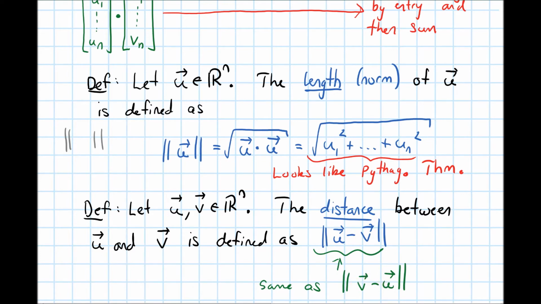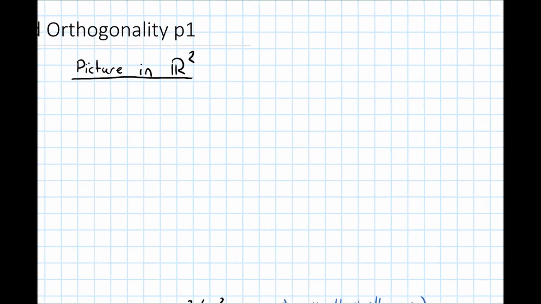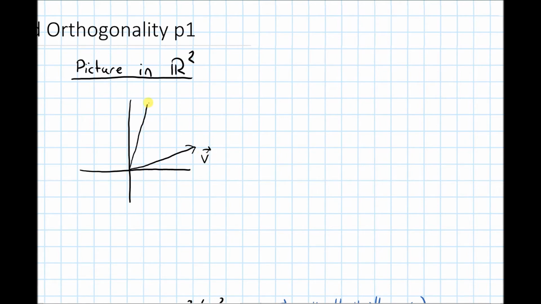Let me look at a picture to explain where this is coming from and to motivate it. Let's draw a picture in R2. I'm going to draw some axes, and then some vectors. Let's say my vector v looks like this, and then the vector u looks like this.